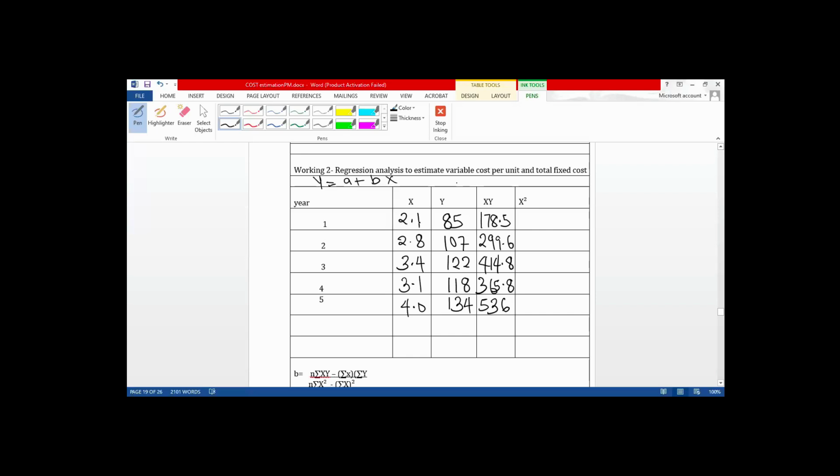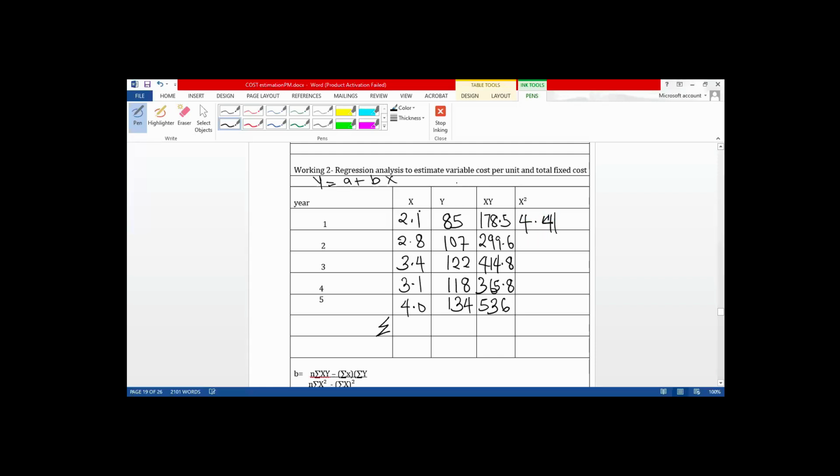Now the last column, X squared. That means 2.1 squared, 2.8 squared. Now come to summation sign. 2.1 squared is 4.41.